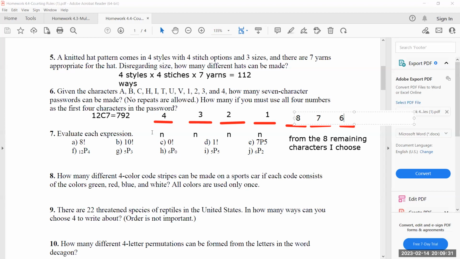Okay. So we have 4 factorial times 8 times 7 times 6.